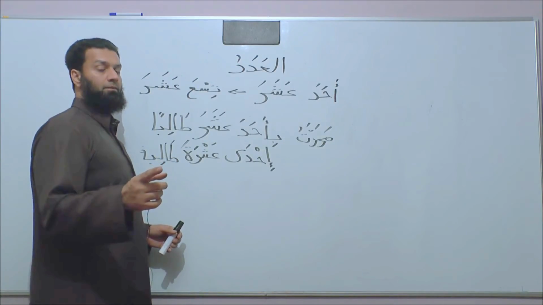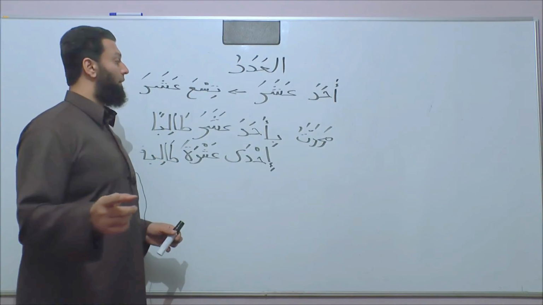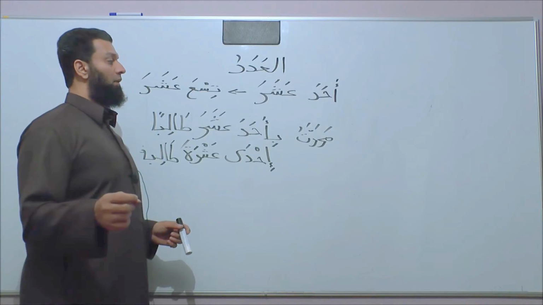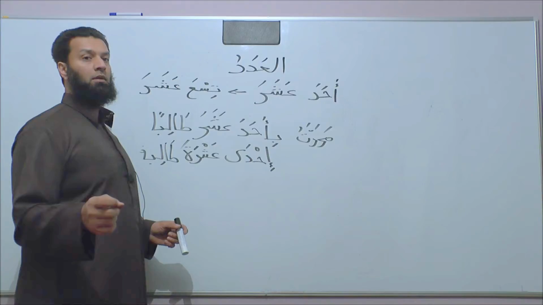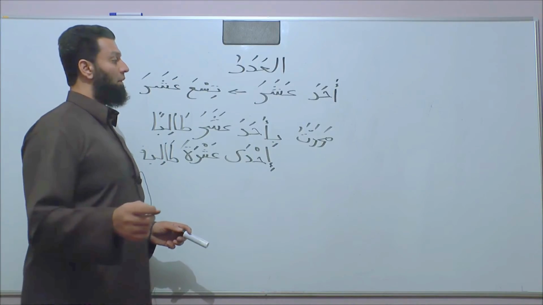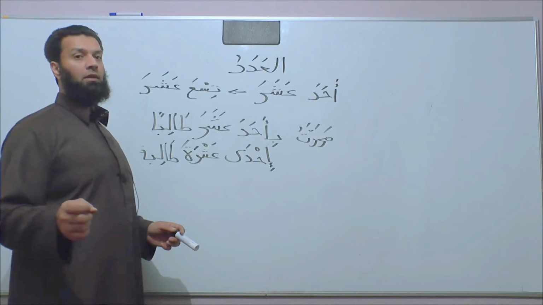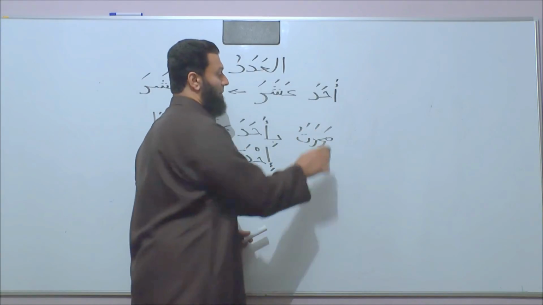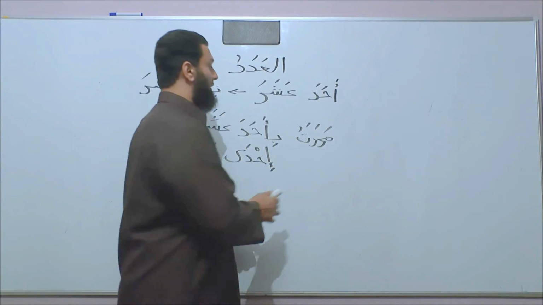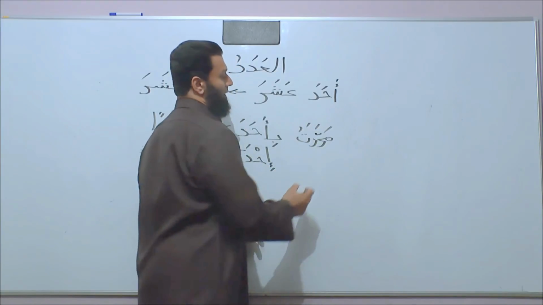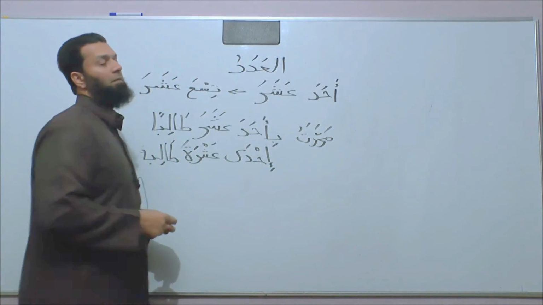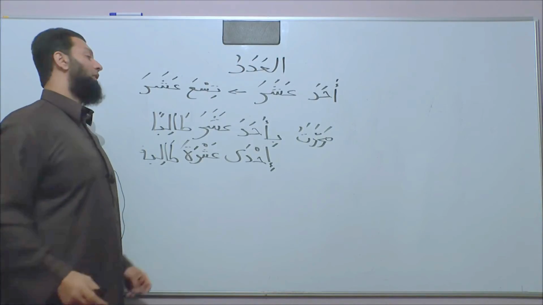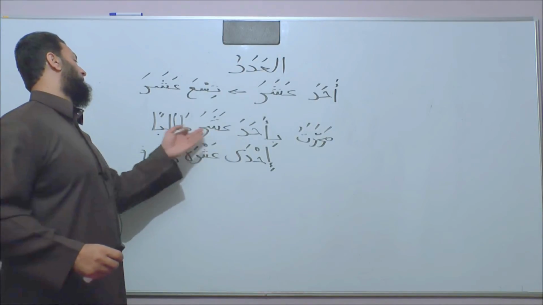But how would you be able to, apart from if you know which letter comes before it, tell what condition it is in? I just realised the shadda should be on the first ra, not the second one. مررت, I passed by. بأحد عشر طالبا.